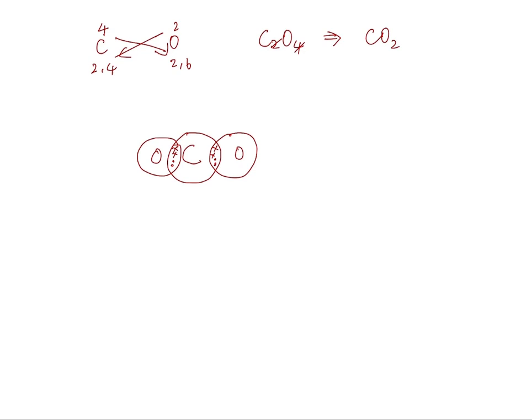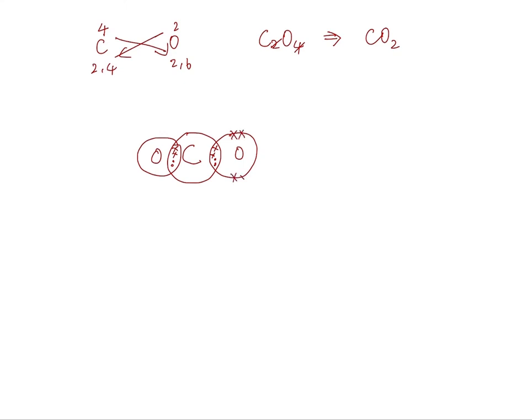Now, we need to also draw the remaining electrons. For carbon, there are originally 4 electrons, and they are all shared inside the overlapping spaces. So no more electrons on carbon because all 4 electrons have been used. But for oxygen, originally 6 electrons in its outermost shell, and it shared 2 electrons. So there should be 4 more on each oxygen atom.